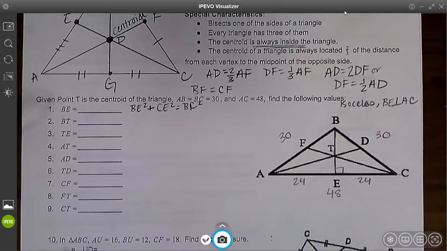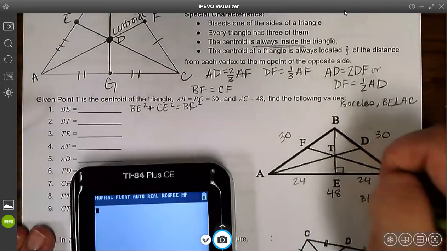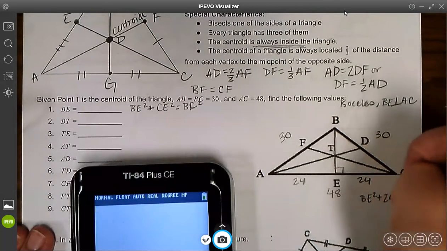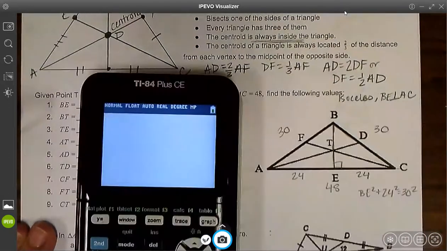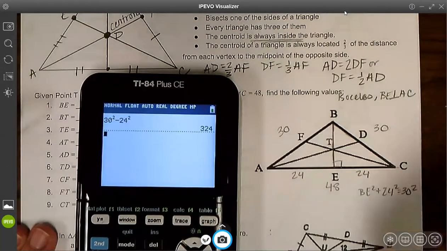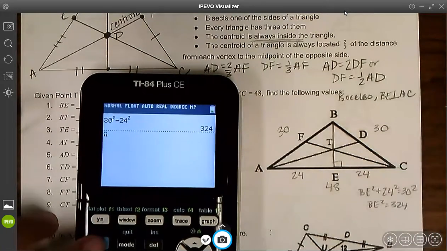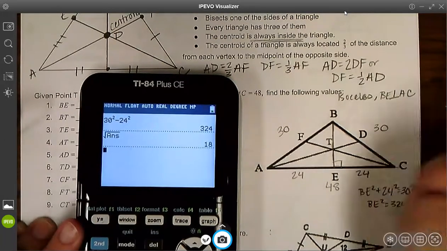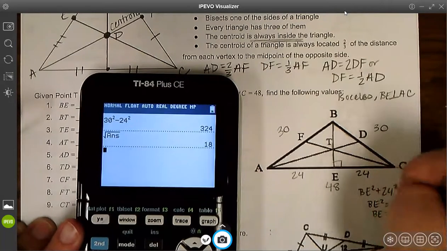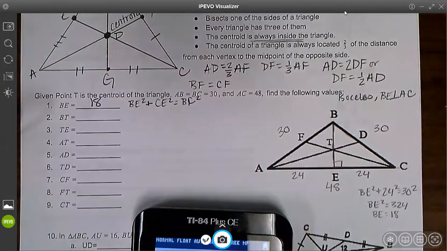So I'm going to write that out. So BE squared plus 24 squared equals 30 squared. In your calculator, you have 30 squared. You can subtract your 24 squared, and you get BE squared equals 324. Take the square root of both sides, and you get BE equals 18. So that's the whole thing, BE.